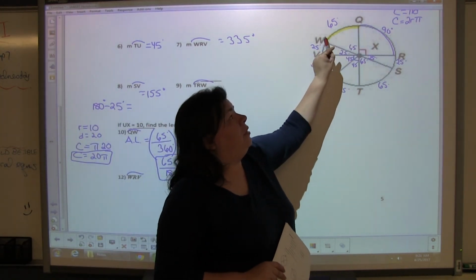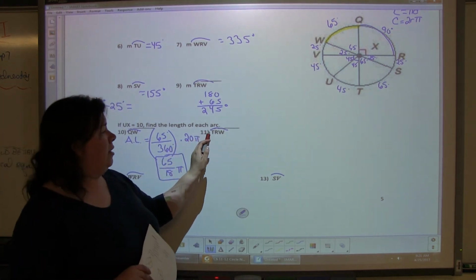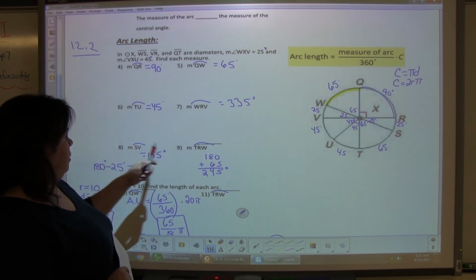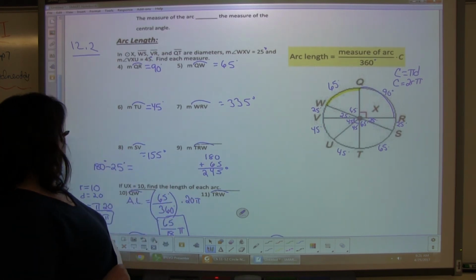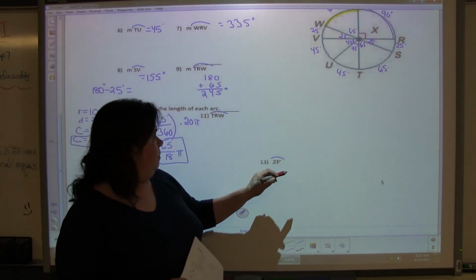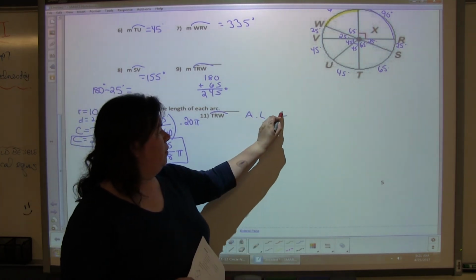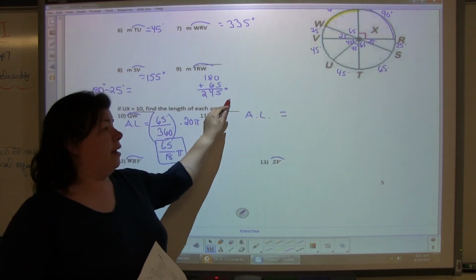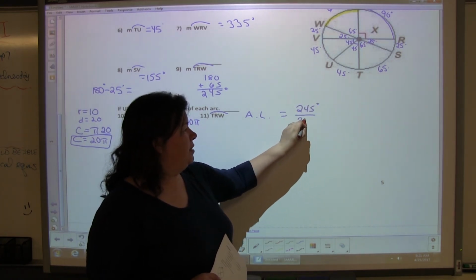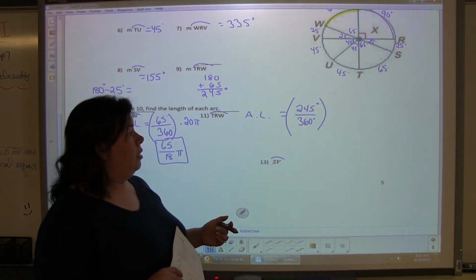Okay, so that's our answer for the length of the arc QW. Okay, let's look at arc TRW, which, if you look, we found right here in problem 9. So since the measure of arc TRW was 245, that means the arc length is going to be equal to the measure of that arc, 245, divided by 360 degrees, which is a full entire circle, right?